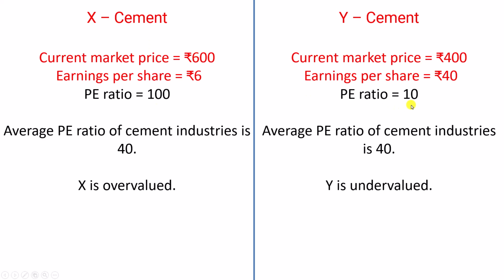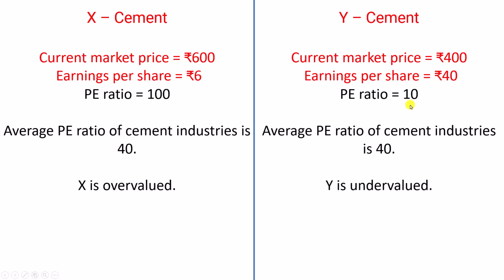Here people are willing to pay 10 rupees to earn 1 rupee because they are not willing to pay more here to earn 1 rupee. Here people are hopeful, saying that even if I pay 100 rupees, I will surely earn 1 rupee. I am willing to pay 100 rupees because I know this company will perform well and I will earn 1 rupee.